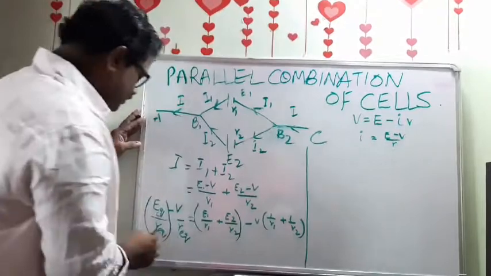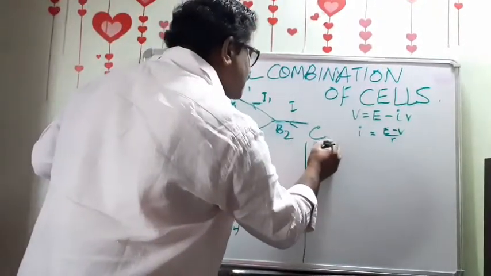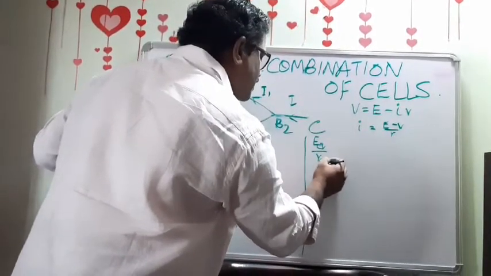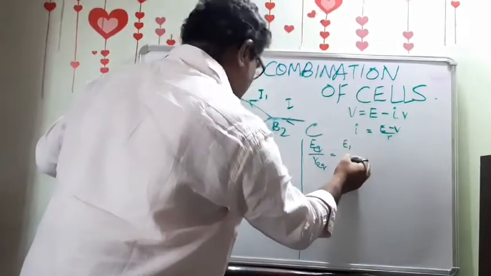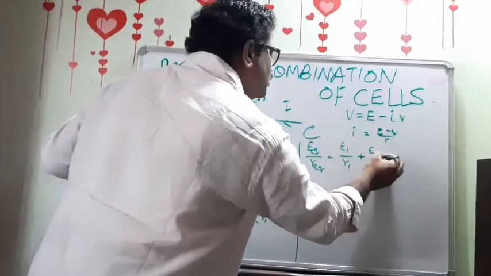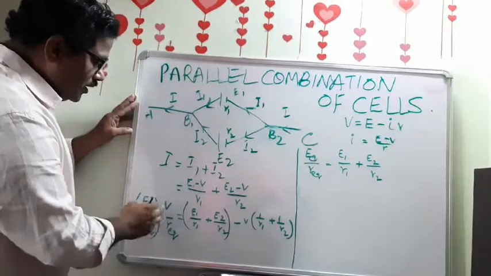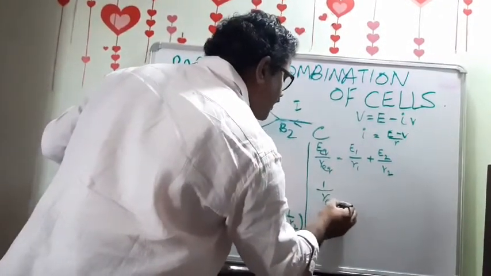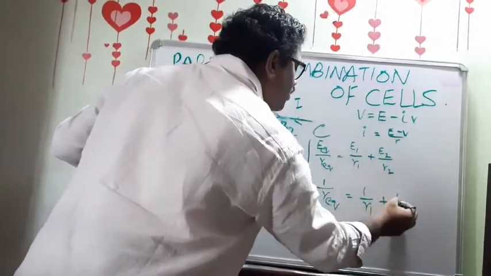So when we compare, E equivalent by R equivalent is equal to E1 by R1 plus E2 by R2, and 1 by R equivalent is 1 by R1 plus 1 by R2.